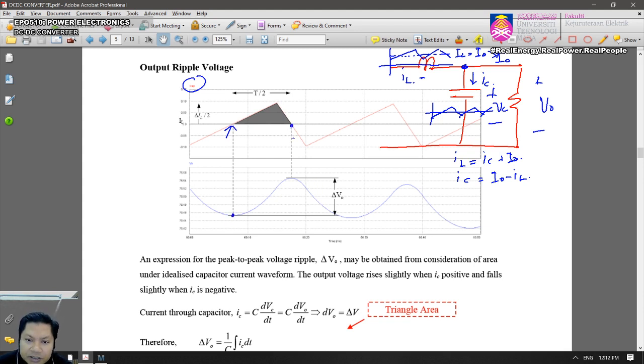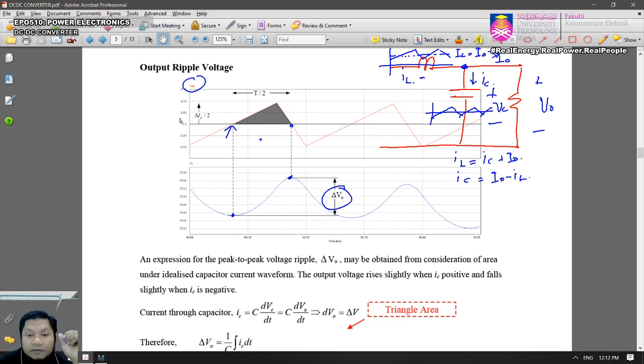And again, at this point, you're going to see that the output voltage reaches its maximum, isn't it? So this is also known as the output voltage ripple, peak to peak. And normally, the output voltage ripple is limited to 2% to 5% of the average value. Yes, limit. You cannot go to a very large ripple, right? It's not good.